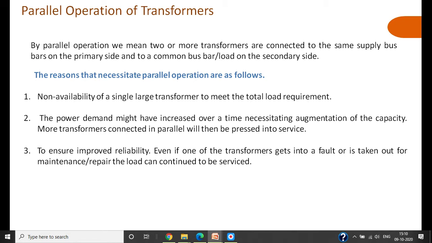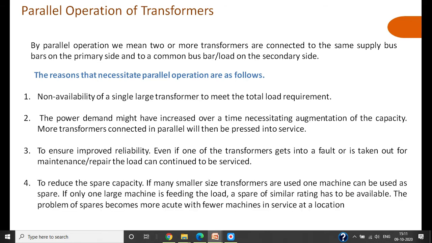To ensure improved reliability: if you use only one transformer to cater to the load and anything happens to it, the whole load is shut down. If you use a smaller number of units in parallel and any one transformer goes out of order, the standby unit can be switched on and the total supply can be continued.